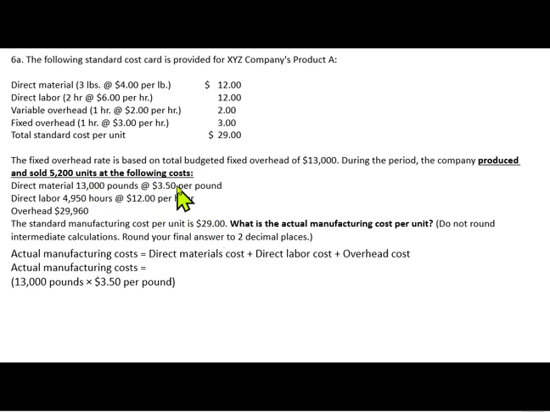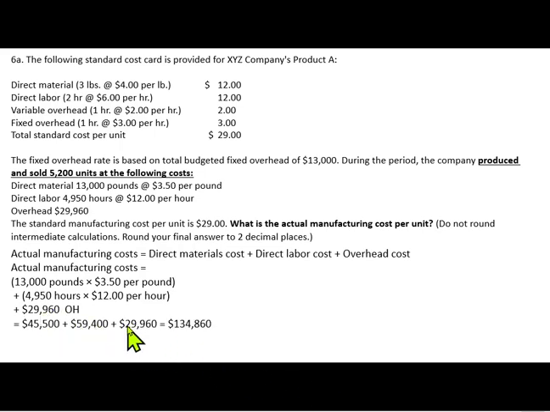13,000 pounds of material at $3.50 a pound, plus 4,950 hours of labor at $12 per hour, another actual number, and overhead, which was $29,960. You want to add those things together and get a total of $134,860.